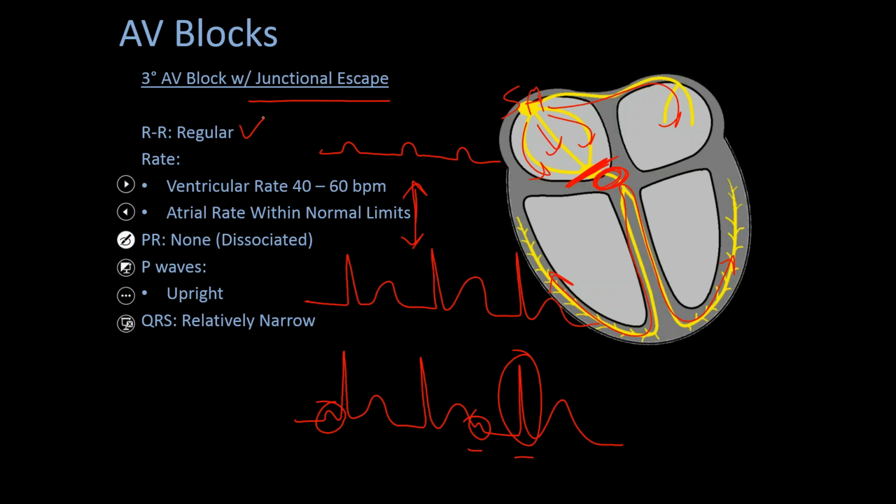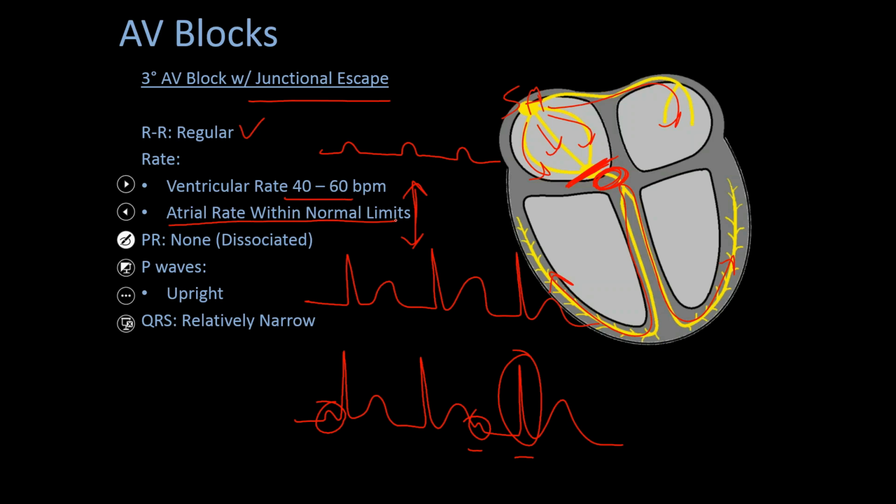It's not dependent on how many impulses the AV node allows through because there is no communication from the atria to the ventricles. You have two separate rhythms beating simultaneously. And the ventricular rate is usually going to be between 40 to 60 beats per minute. And the atrial rate, we'll say between normal limits.